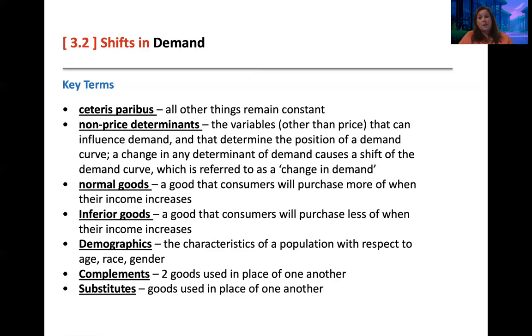You're going to go buy a new car. You're not going to worry with the trouble of finding a used one that's what you want. So a new car is a normal good, and a used car would be inferior, because with an inferior good you're going to purchase less of it when your income increases. And if I have $1 billion, do I really need to be saving by buying a used car versus a new car? Not really. So that's how I tend to look at inferior goods versus normal goods.